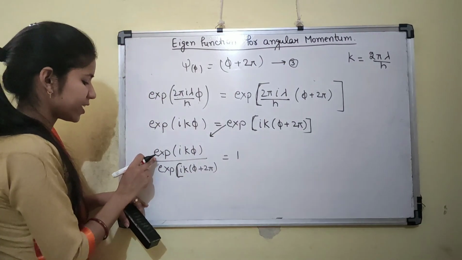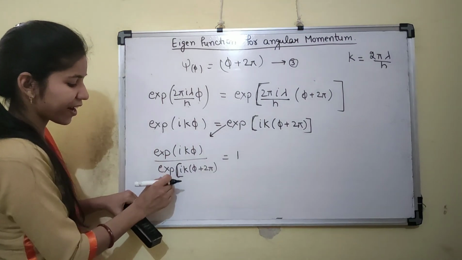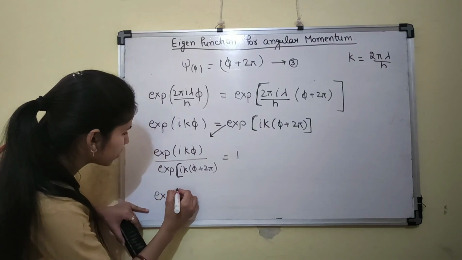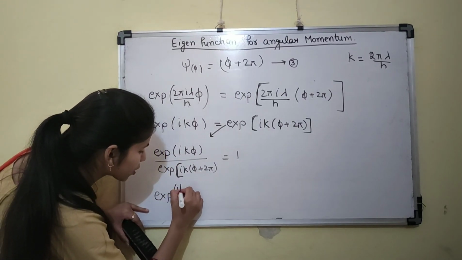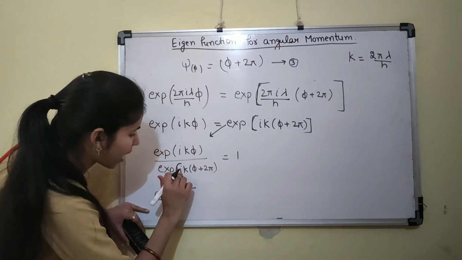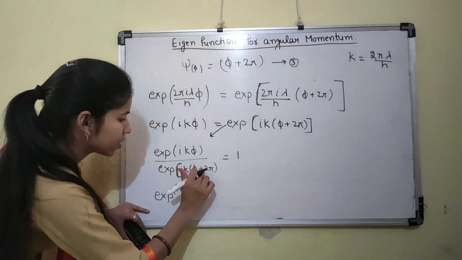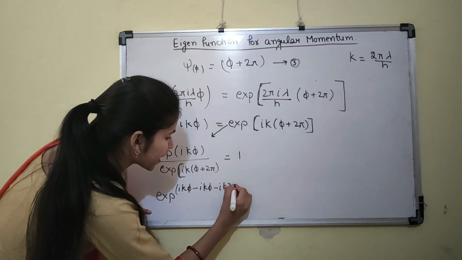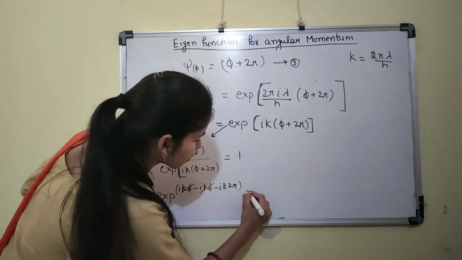Now the base is the same, so the powers add, but in this exponent in dividing form it is minus. So it will be equal to exponential iota k phi, and this is going above, so minus iota k phi and minus iota k 2 pi. So this cancels out, and it is equal to 1.